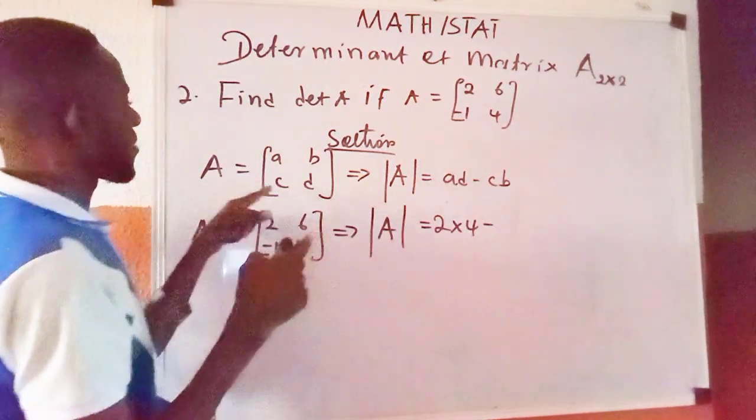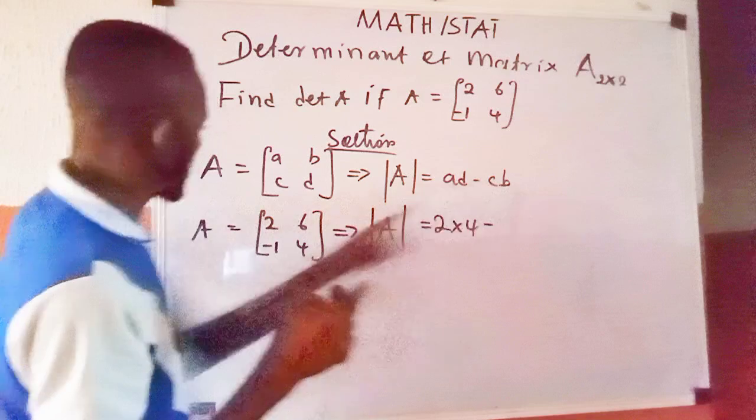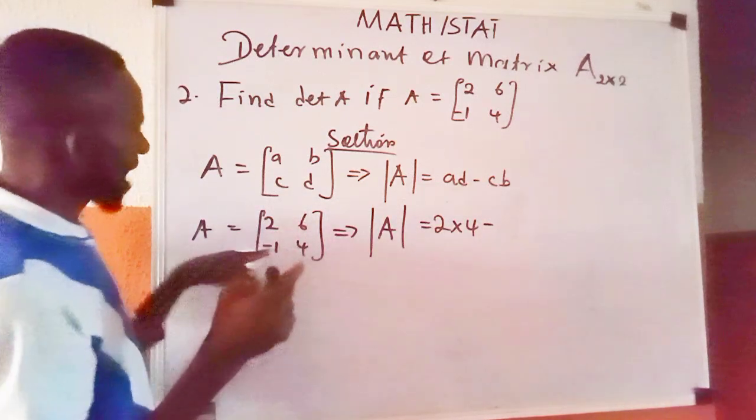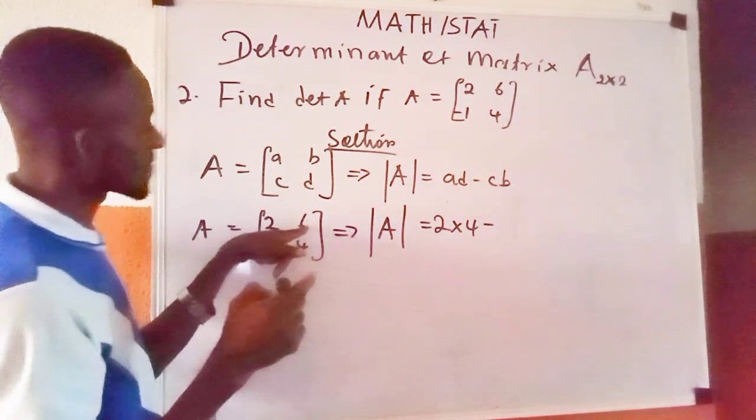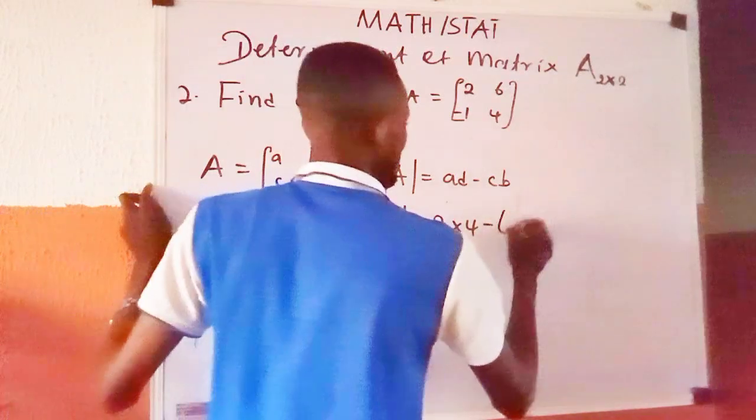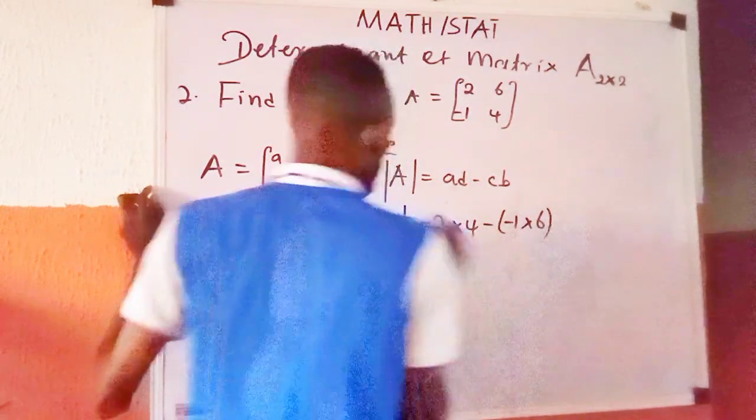What I had here was CB, so I have -1 times 6.